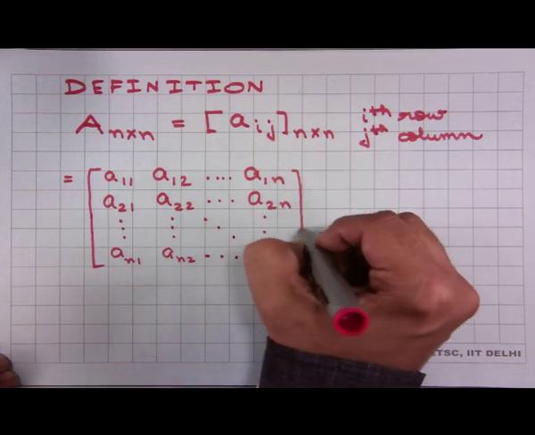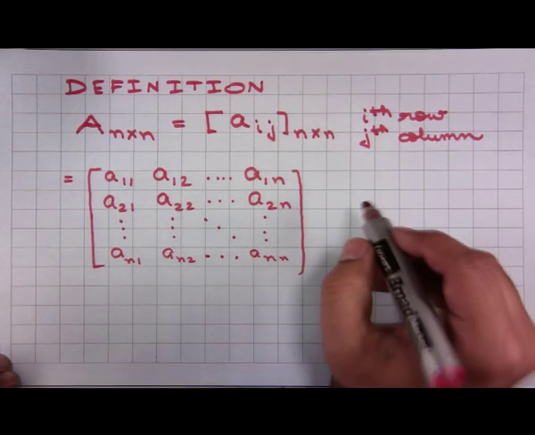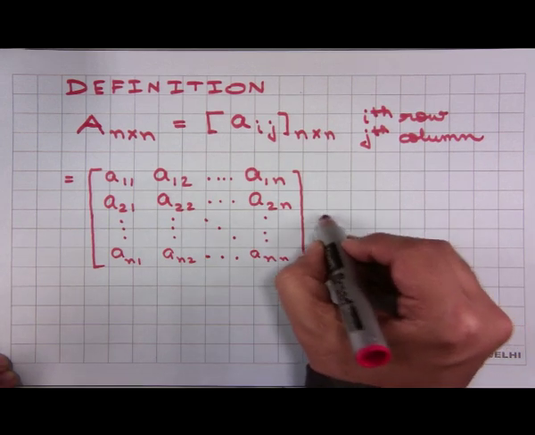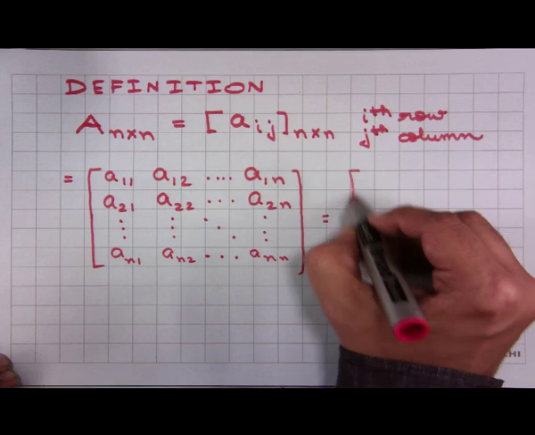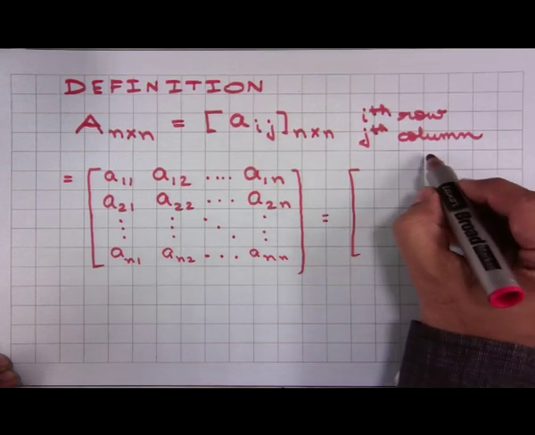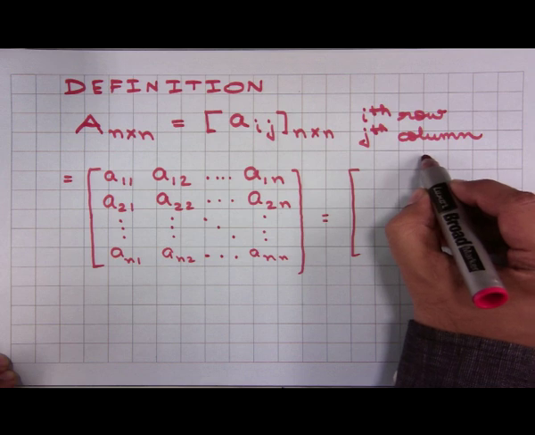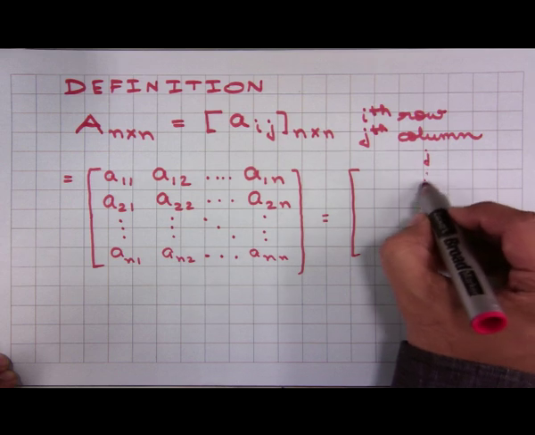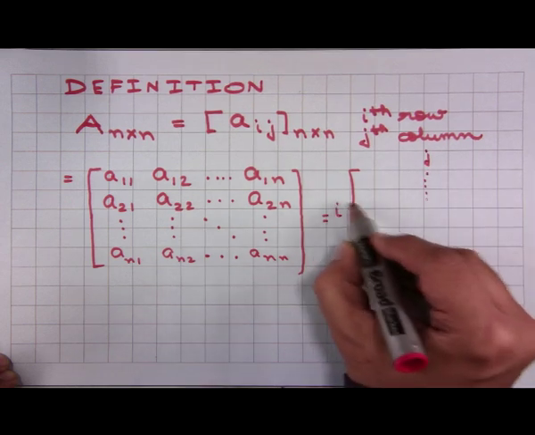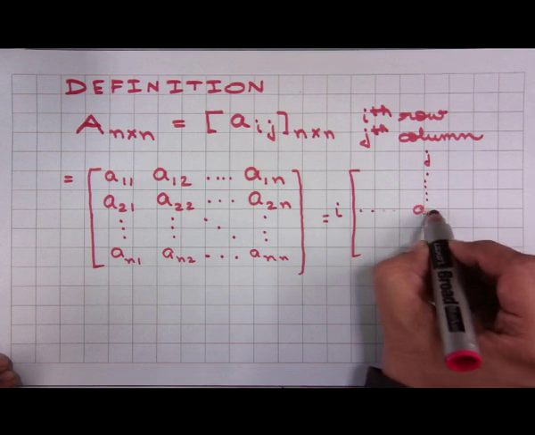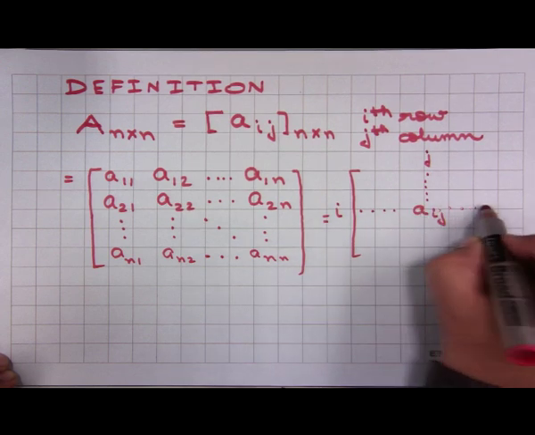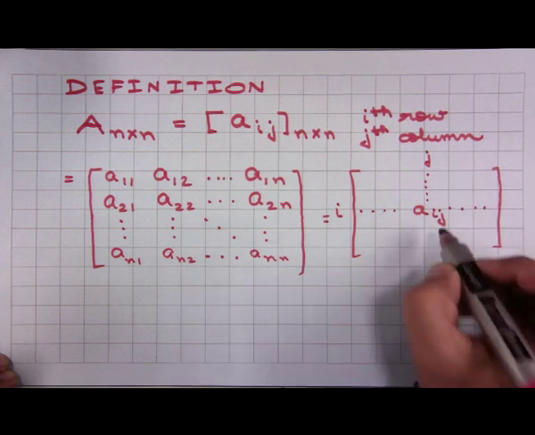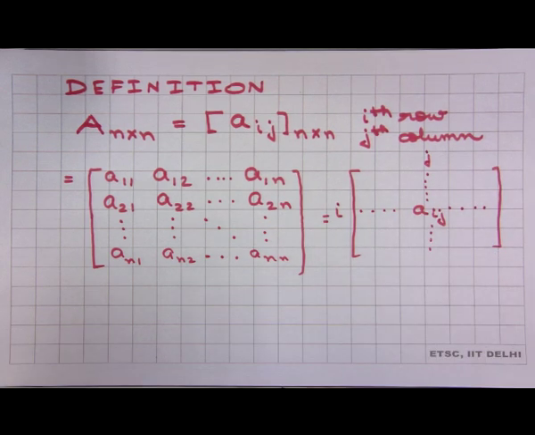So, this is writing down the matrix in its full detail, or we could also just think of it as the ith row, jth column, and this entry is Aij. Right. So, this is a general n by n matrix.